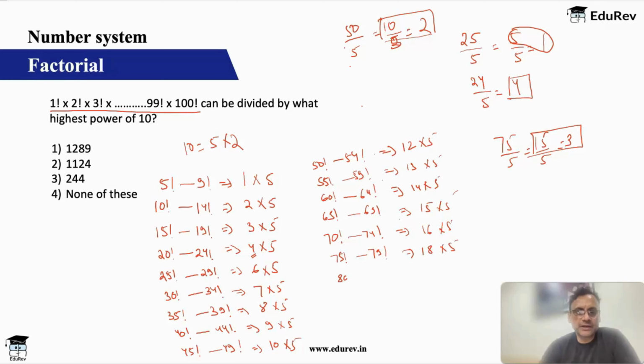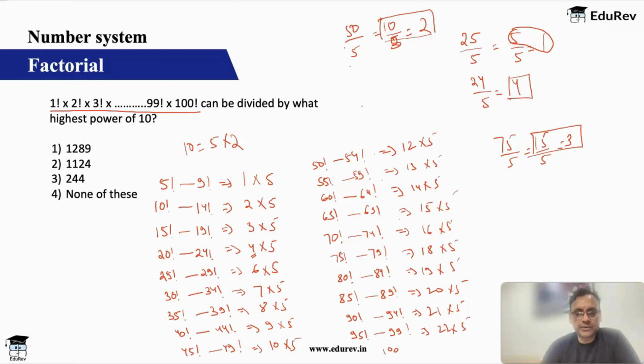Then 80 factorial to 84 factorial, you will get 19 into 5. 85 factorial to 89 factorial, 20 into 5. 90 factorial to 94 factorial, 21 into 5. 95 factorial to 99 factorial, 22 into 5.